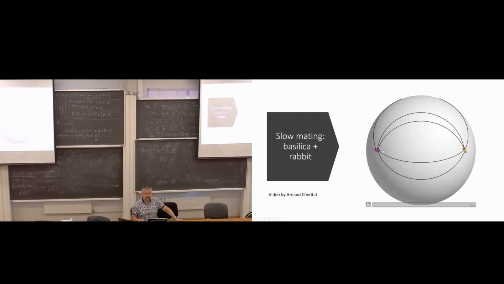Some of the lines you see here connect the corresponding points, the points that are to be glued together. Now, what you will see in the movie is how the basilica and the rabbit become larger and larger and get glued to each other. So here is the movie.